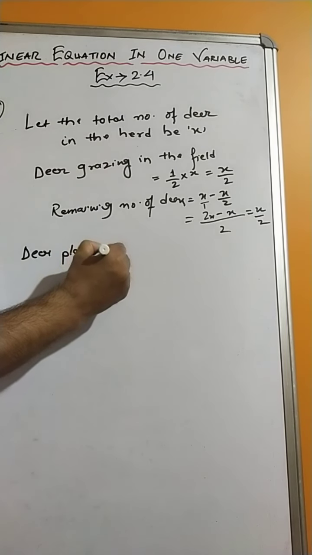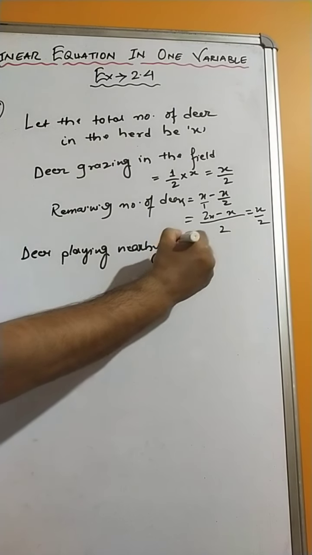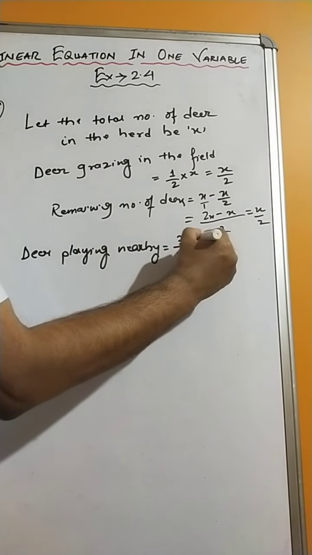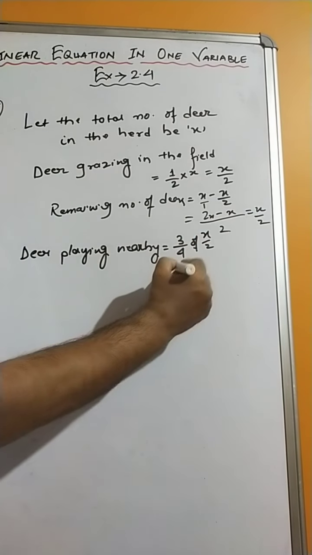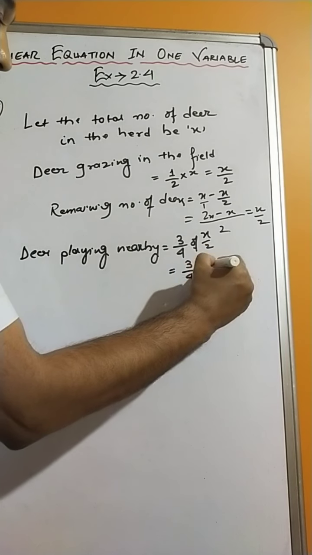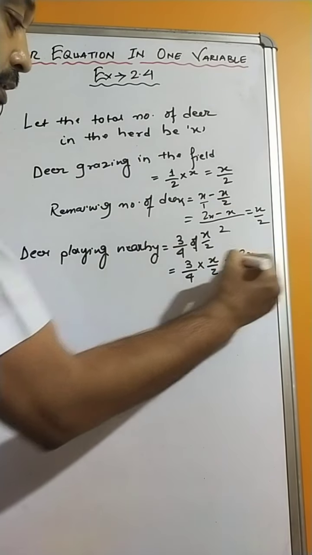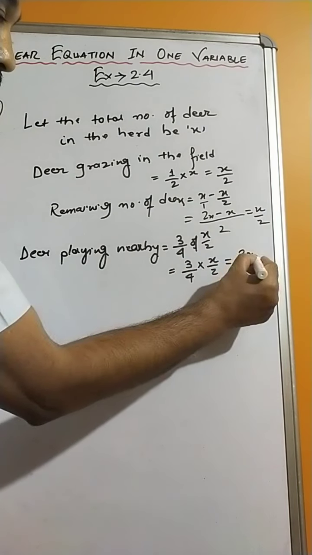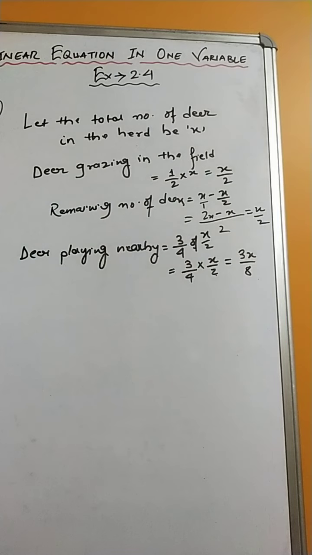That is 3/4 of the remaining deer. The remaining deer is X/2 only, so 3/4 of X/2 is what? 3/4 into X/2. If I solve this, 3 into X is 3X, 4 twos are 8. So 3X/8 is the number of deer playing nearby.